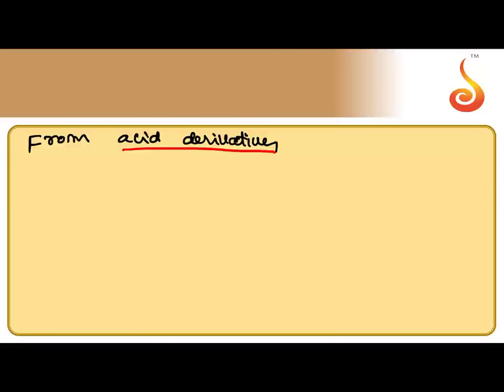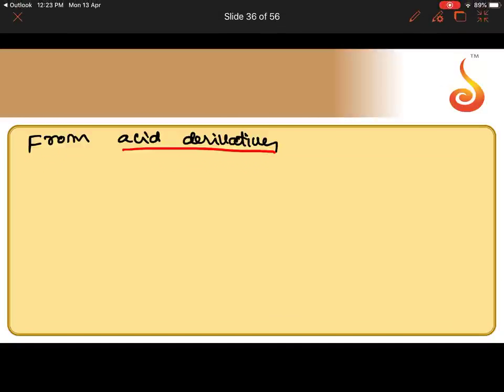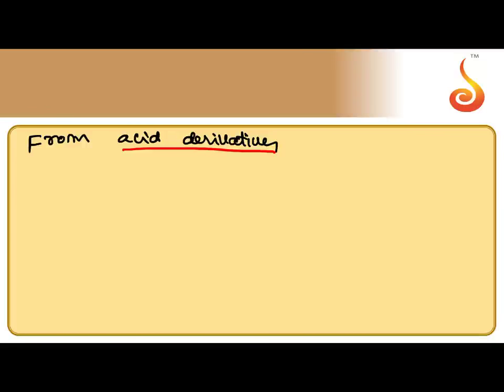From acid derivatives also we can prepare carboxylic acids. Suppose RCOCl, on hydrolysis, we can get RCOOH.